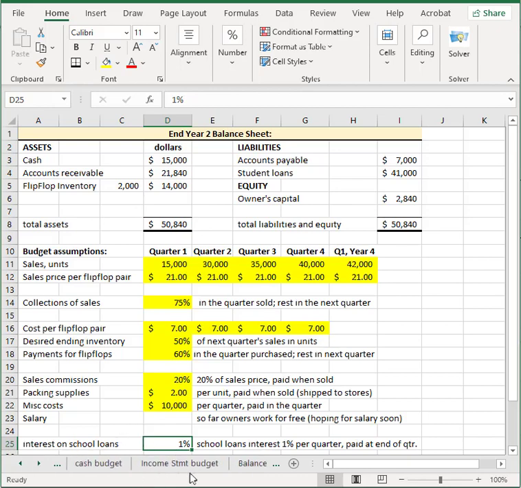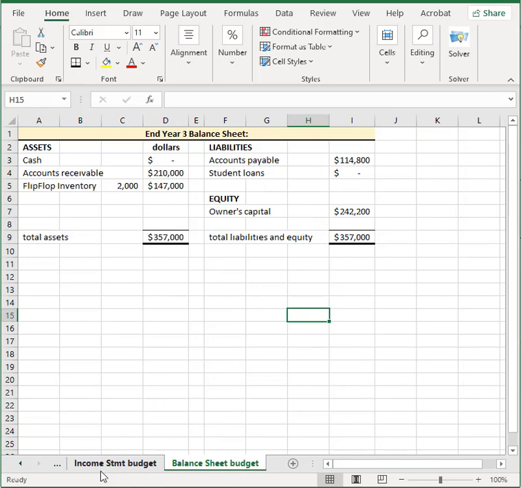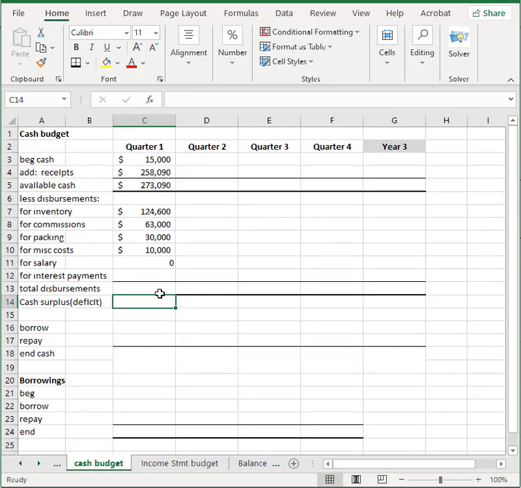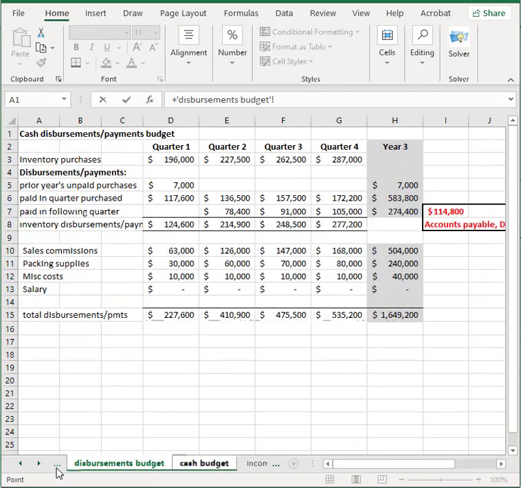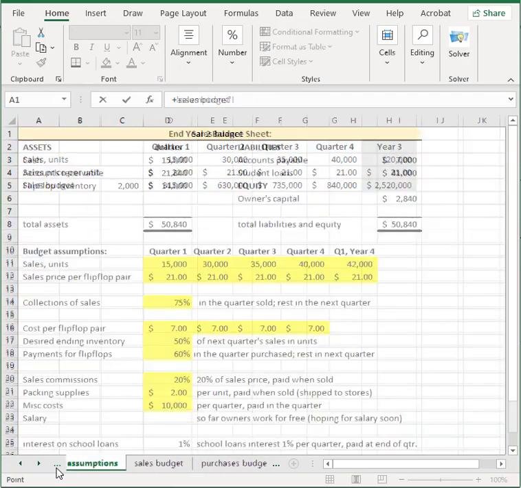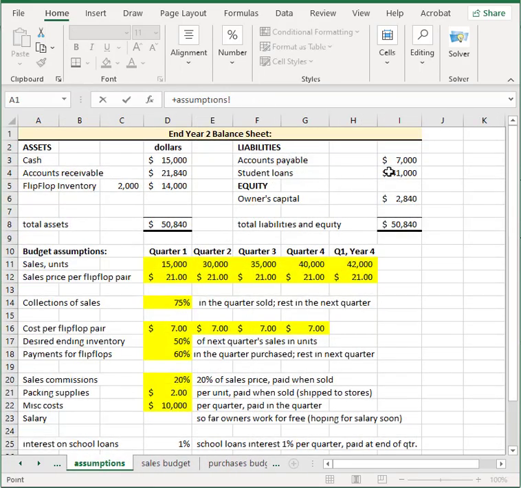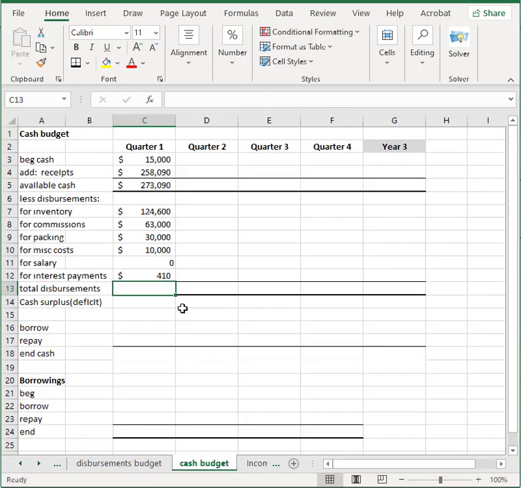Although that's not yellow, so it doesn't look like that's an assumption that's going to move. All right, so interest payments. Click on that times the interest assumption. There you go.